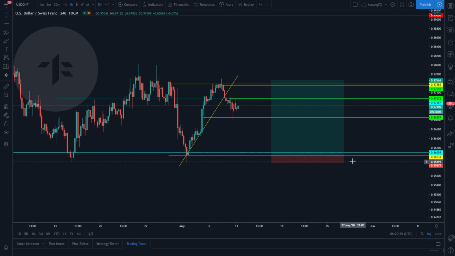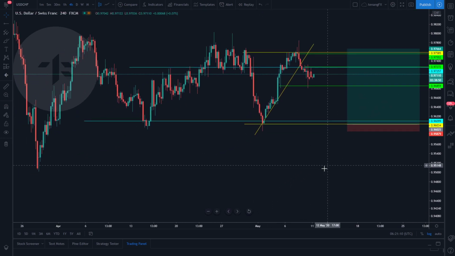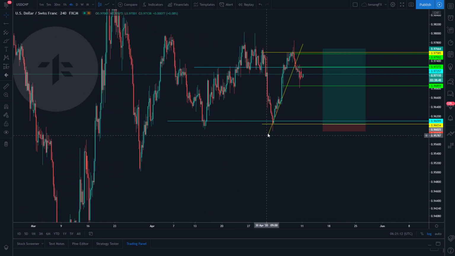So it's a 14 pips SL and 163 pips reward. Okay, so our risk reward ratio is very nice, because our structure is also here.